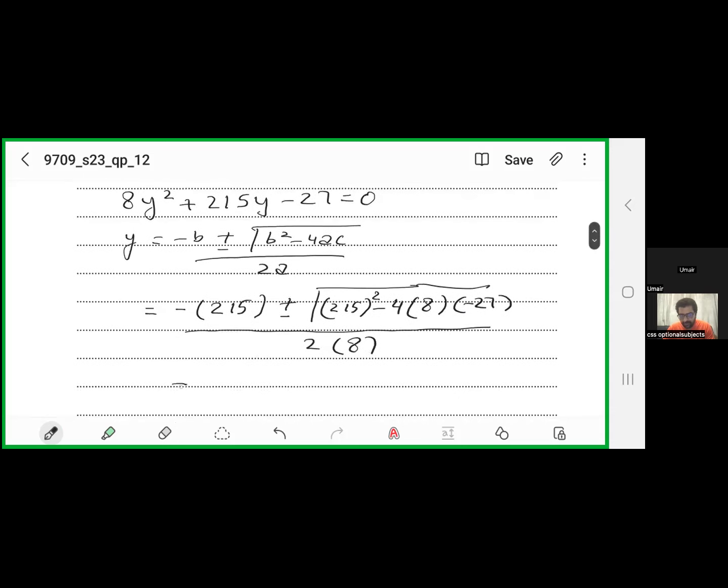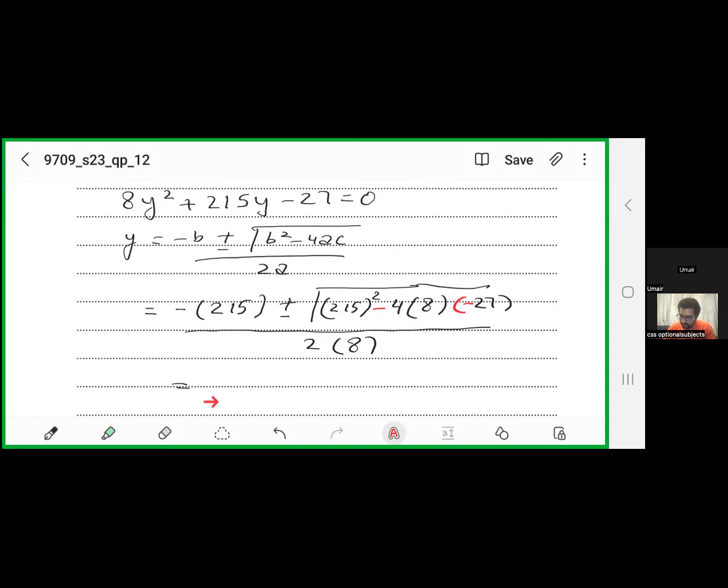Let us simplify this. So it is 215 square inside the bracket, and this minus and this minus will become plus 4 times 8 times 27. Okay, and then you have to take square root of the thing.